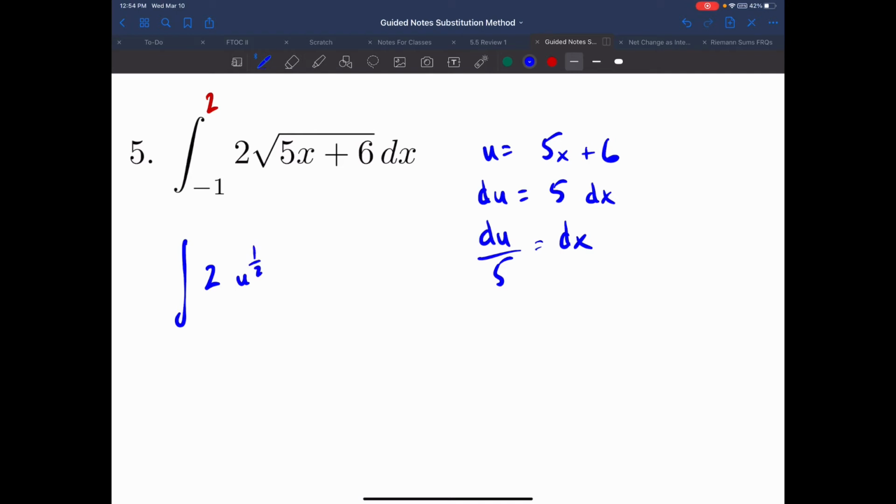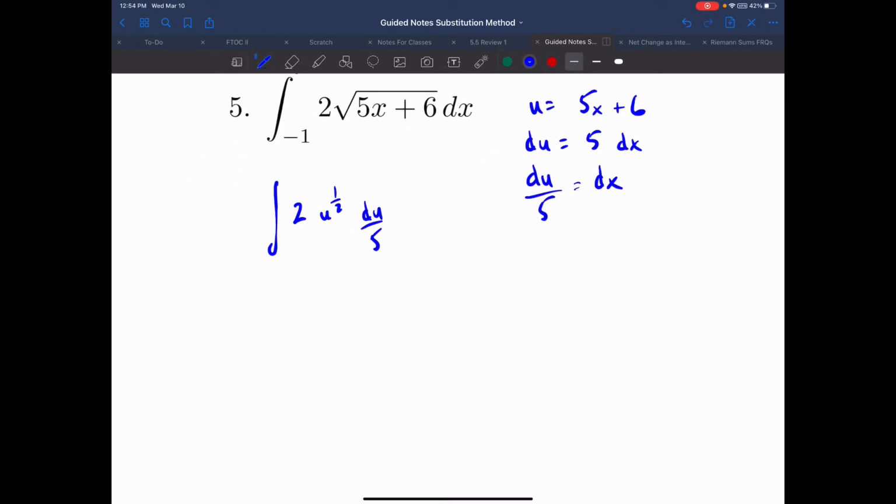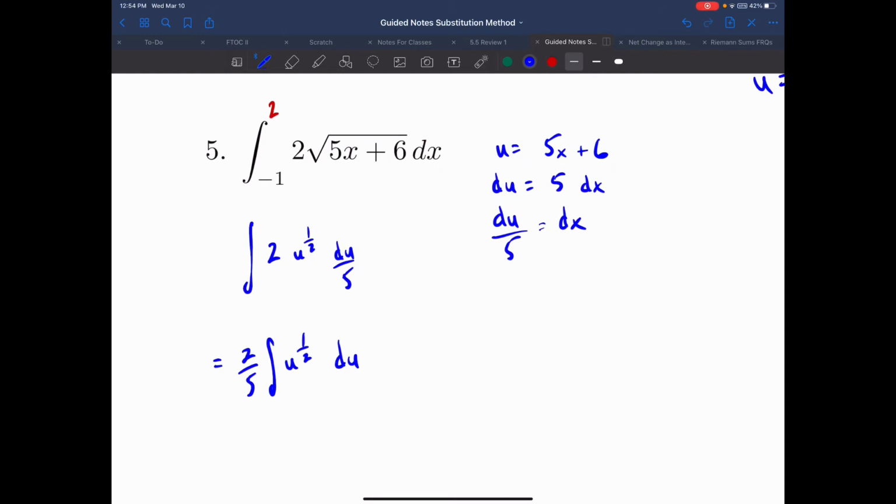And then dx is replaced with du over 5. Rewrite that. So I have 2/5 times the integral of u to the 1/2 du. And again, if I want to just keep this in u, I take my -1 and plug it in for x. So u would be 5 times -1 plus 6, or 1.